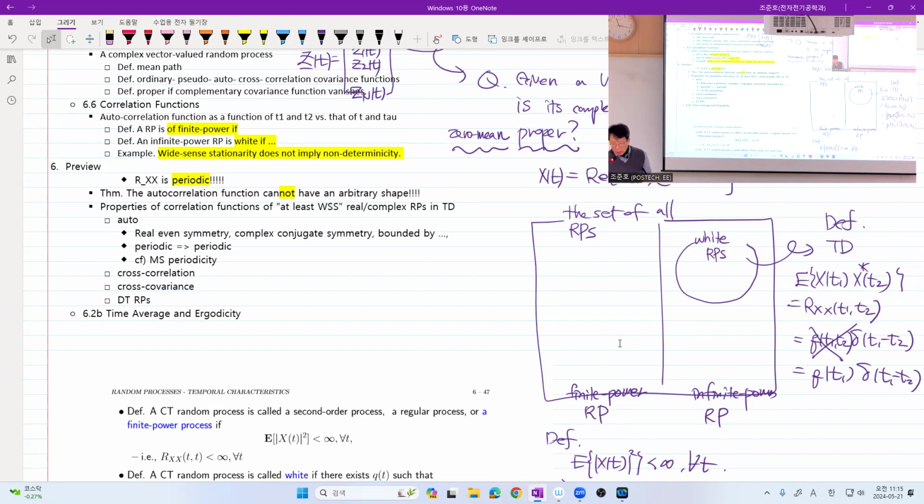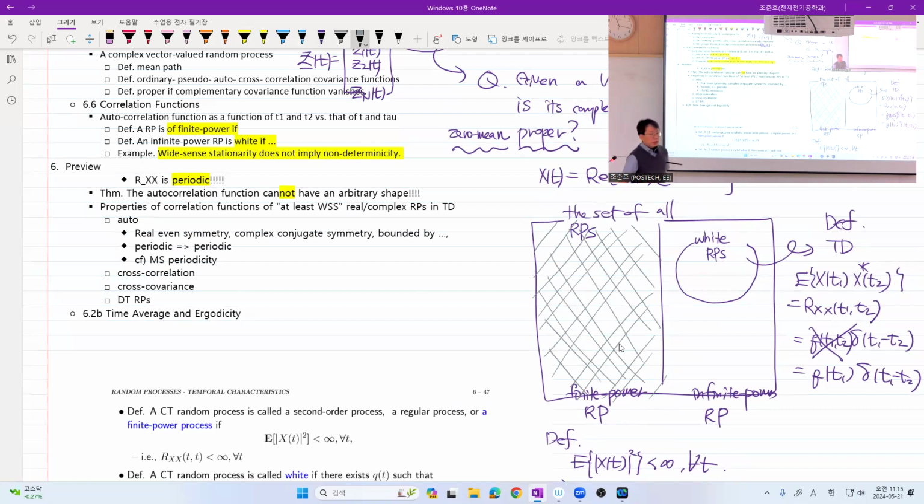Got it? So we have defined this too, and you may wonder why we define this one in order to talk more about the correlation functions, because only on this subset, most of the arguments make sense, okay?